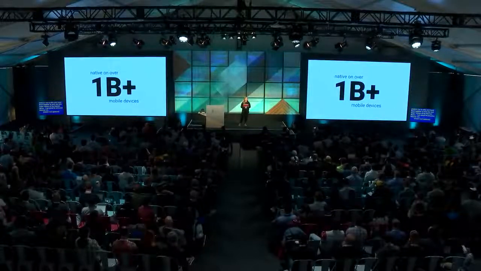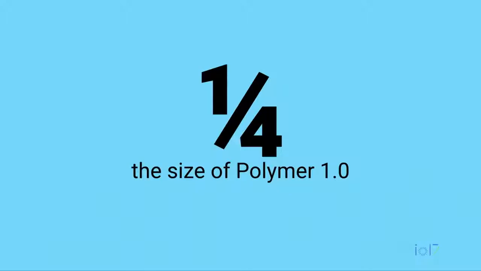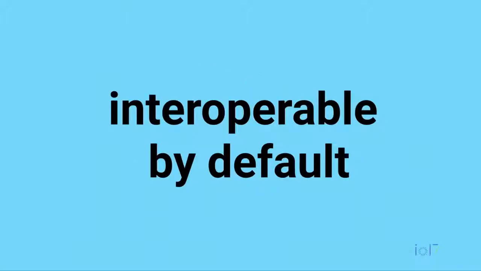Polymer 2.0 is based on web platform standards that are natively supported on over 1 billion mobile devices. Because of advancements in the platform, Polymer 2.0 is 1/4 the size of 1.0. And all of this makes web components built with Polymer 2.0 interoperable by default, meaning you can use them more easily in popular JavaScript frameworks.